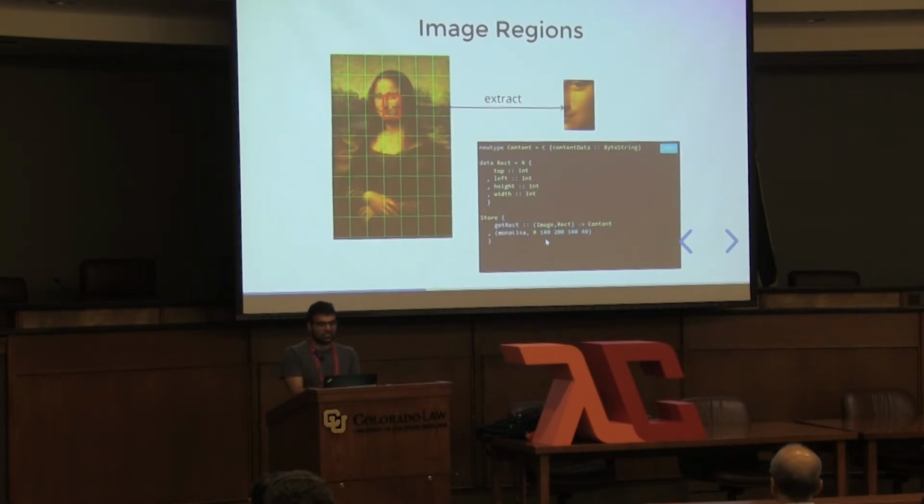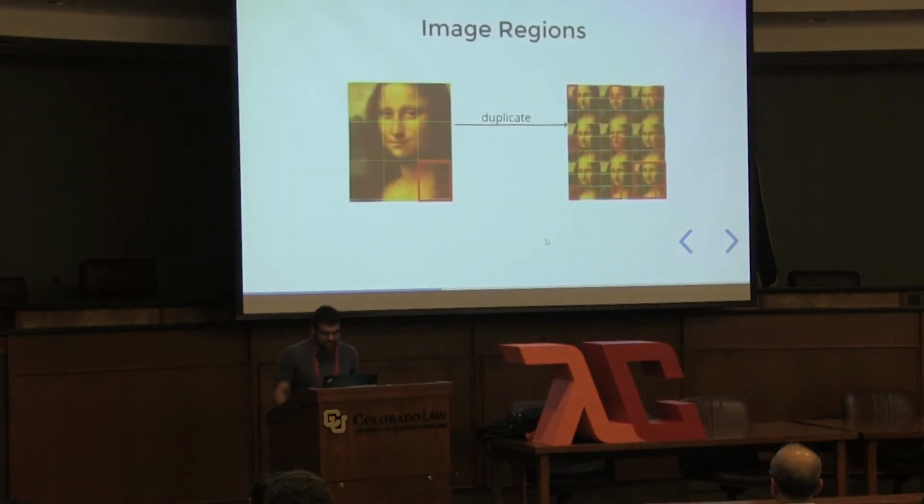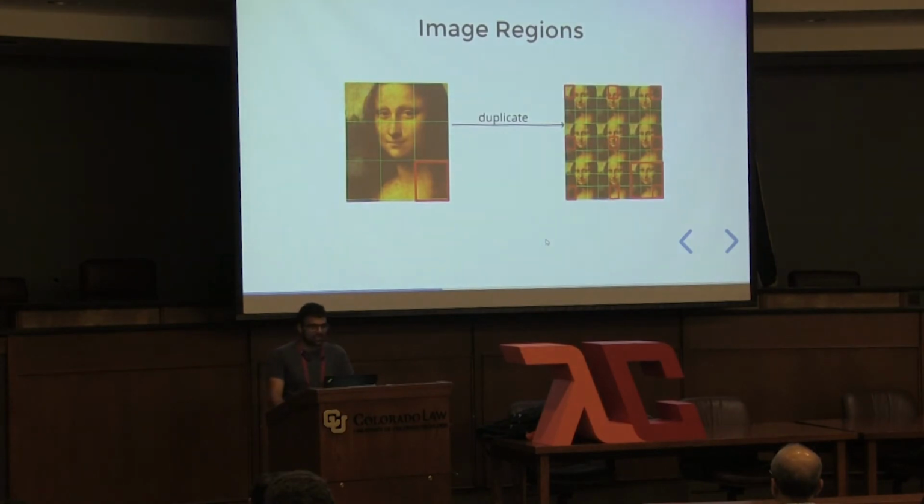To extract, we just apply this getRectangle function to the specific rectangle, and then we get the image region, the value at that point. Duplicate works more like this. We have the store of stores where each cursor is placed at the position in the inner store of what that position is in the outer store. And the cursor for the big store is at the original position.